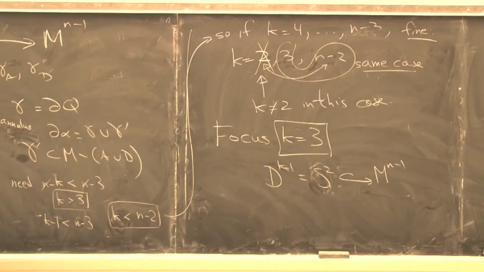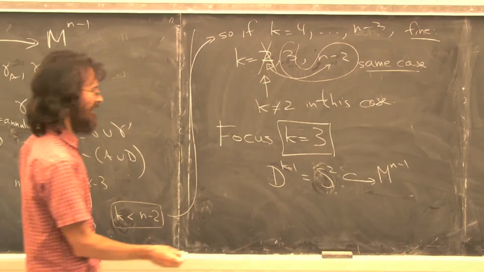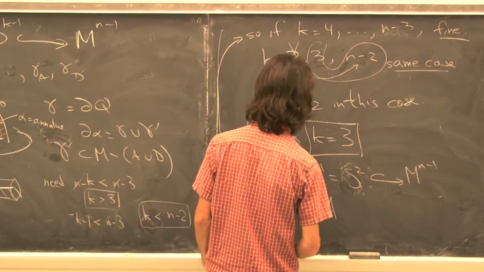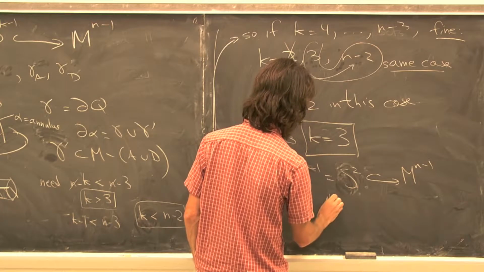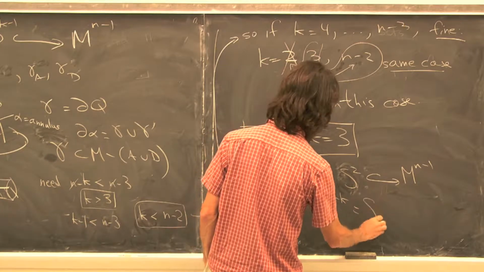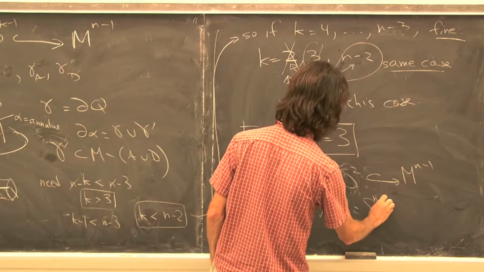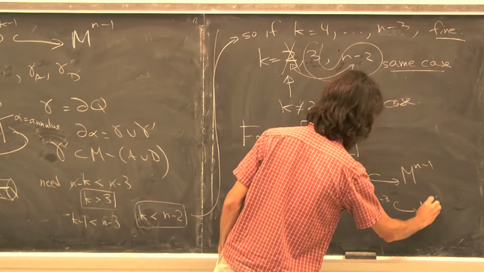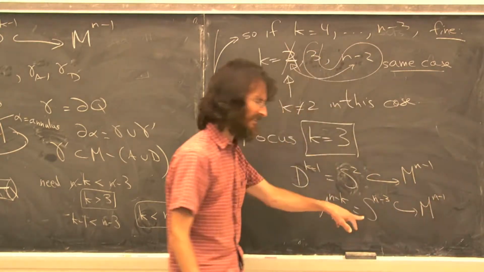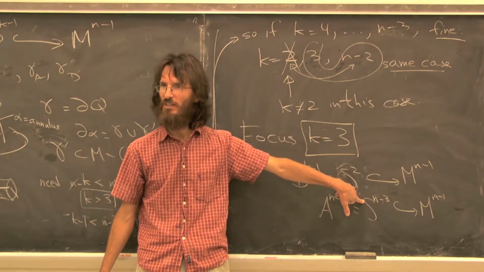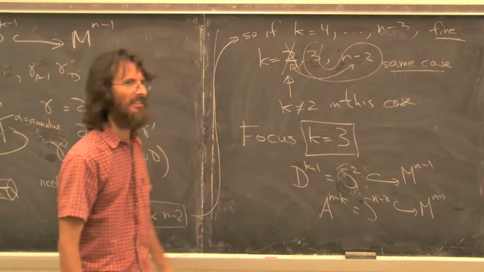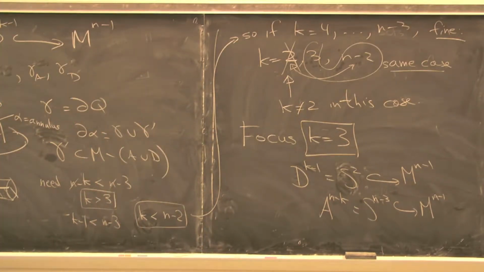And then the ascending manifold is an n minus k, which is an n minus 3 sphere, inside this one manifold. And as you were saying, that's the one that can cause non-trivial fundamental group, because that's codimension 2, and that's where knotting can occur.